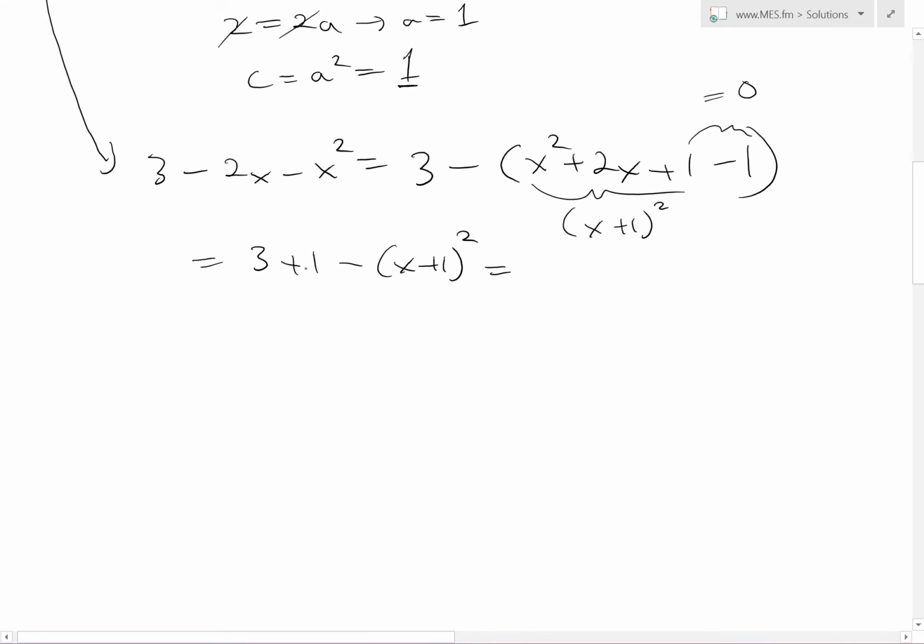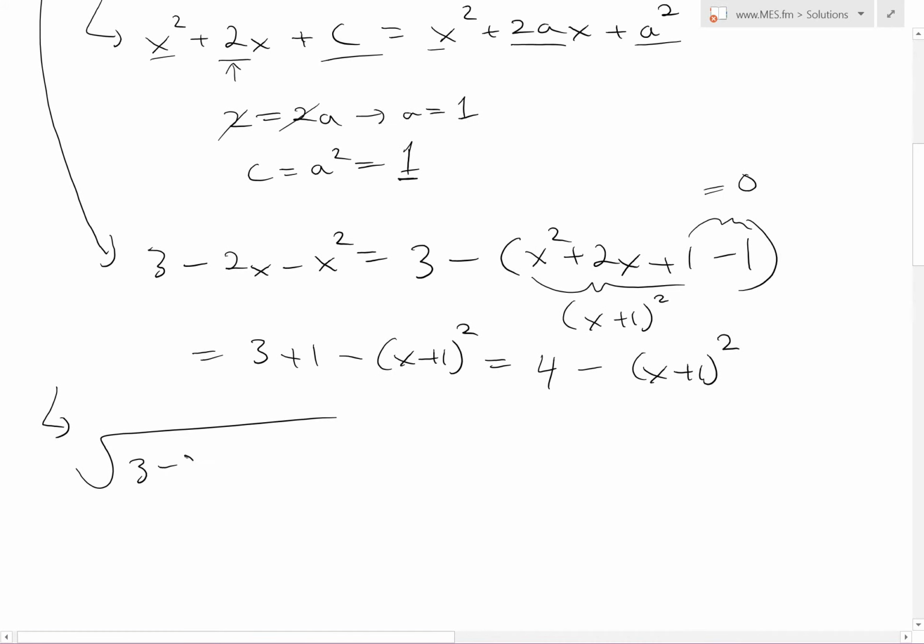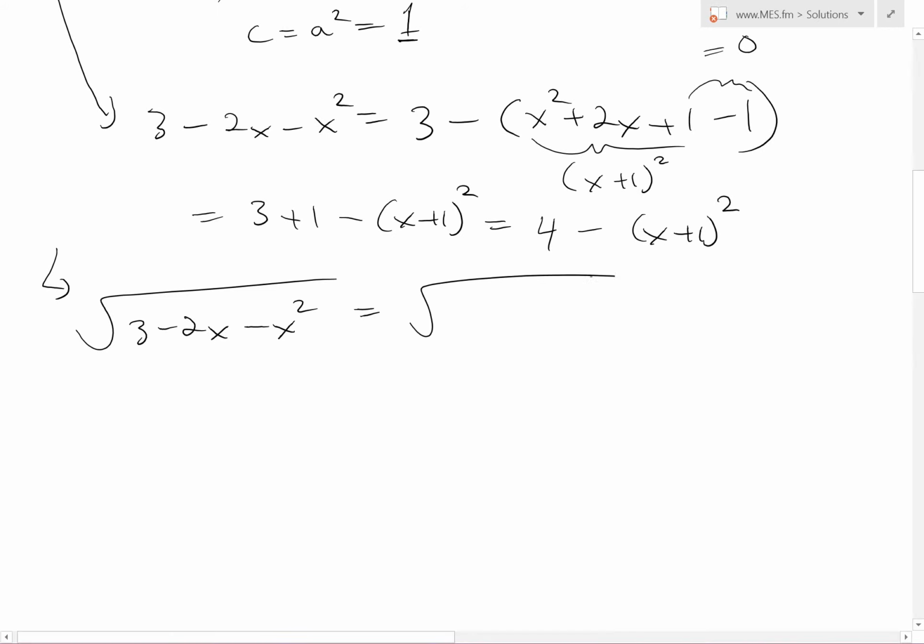So this equals, add these up, 4 minus x plus 1 squared. So now we get 3 minus 2x minus x squared equals 2 squared minus x plus 1 squared, and I'll write this 4 as a 2 squared.